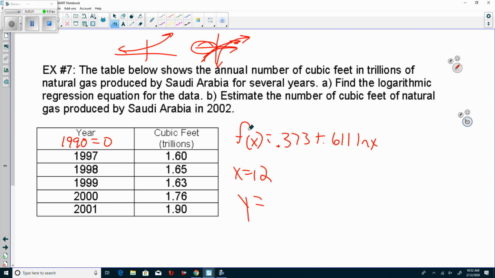Two decimal places is okay because that's what it has in the original. If you round too early, you're not going to be as accurate. What did you get for your output? 1.89, right? Okay, 1.89 trillion.